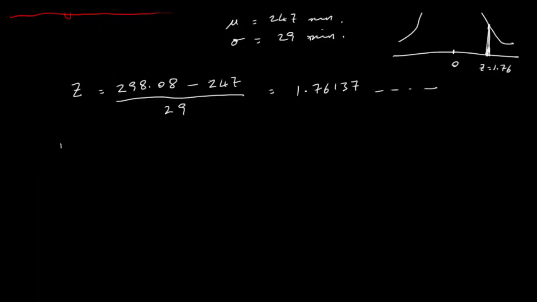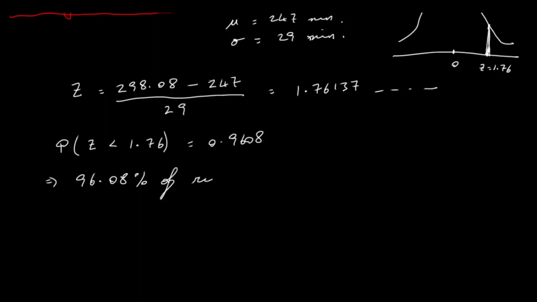In other words, the probability of Z being less than 1.76 is equal to 0.9608. That means that 96.08% of runners finished faster.